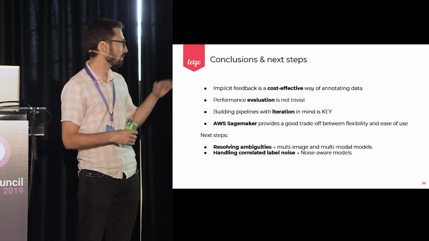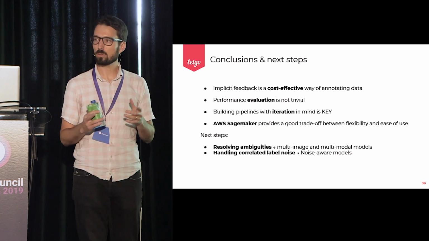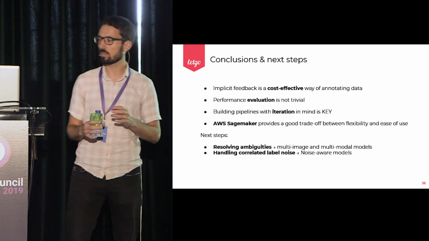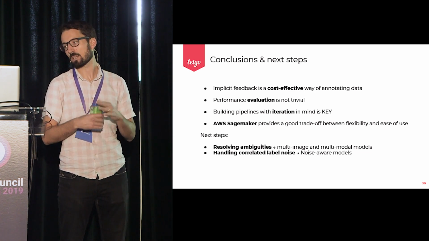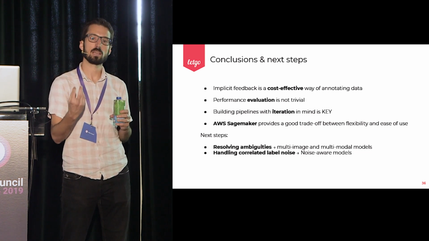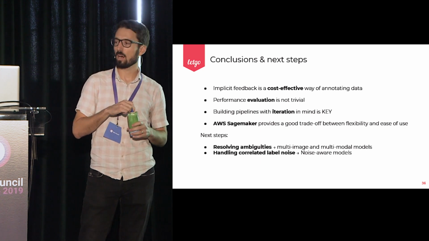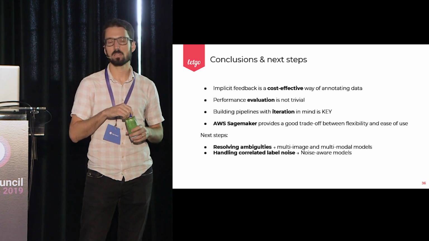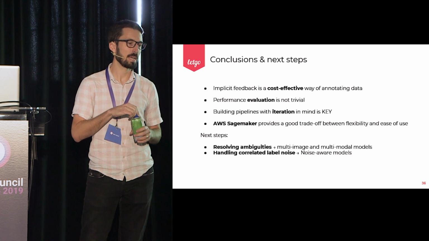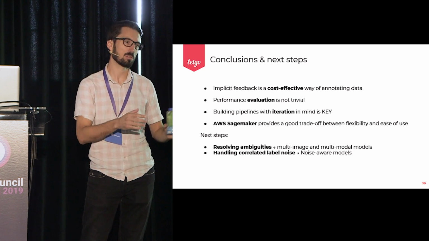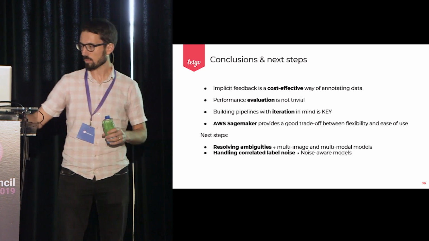And then, as far as how to handle the correlated label noise, there's some work in the literature. We can call it noise-aware models, so models that understand that the labels are not all right. They are quite complex, and we think it's a nice area of a little bit more industrial research to explore.